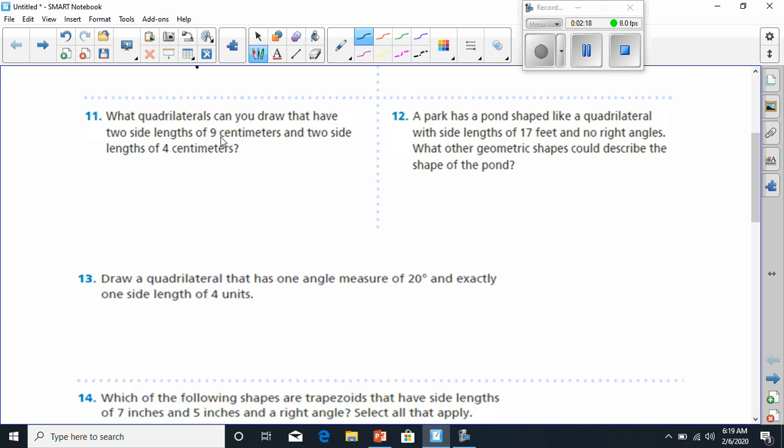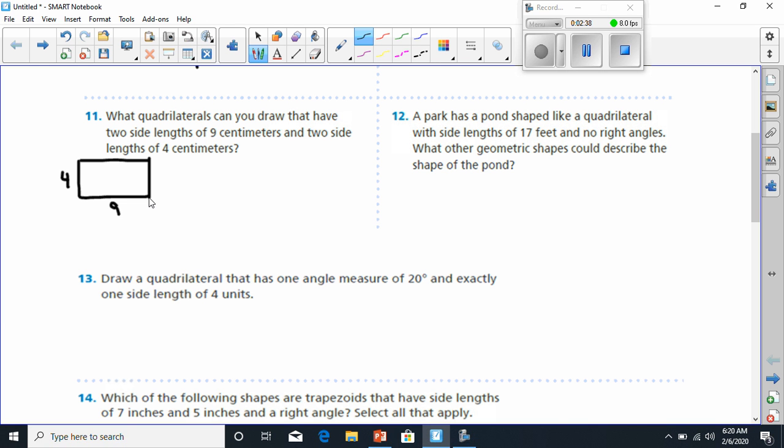Let's see, to have 2 lengths that are the same, well, a rectangle would definitely fit because I could have 2 that are 9 and 2 that are 4.